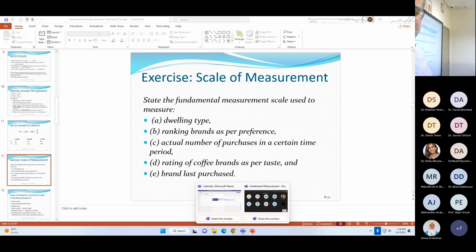Actual number of purchases in a certain time period. Ratio. Digital audience: actual number of purchases in a certain period of time. Nominal, ordinal, interval or ratio? Ratio.